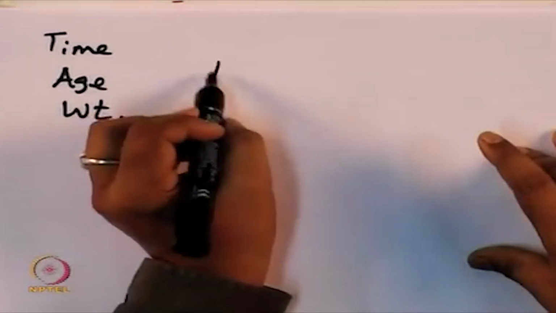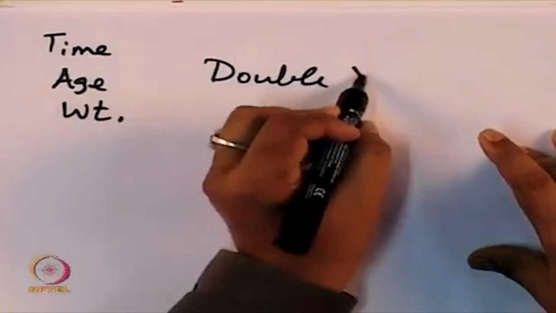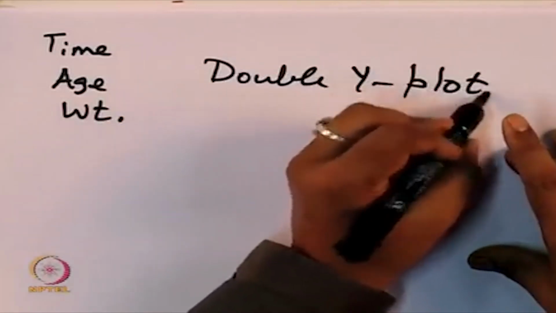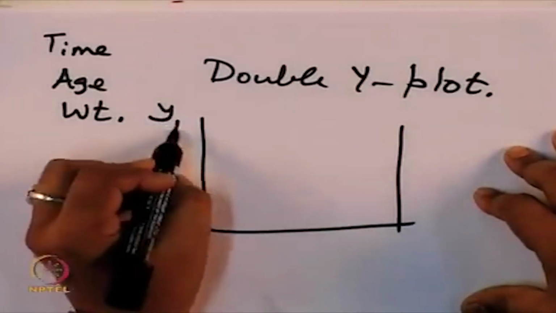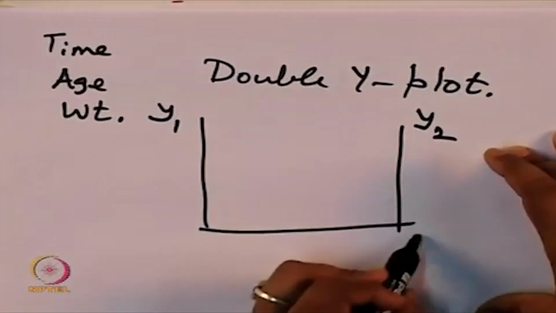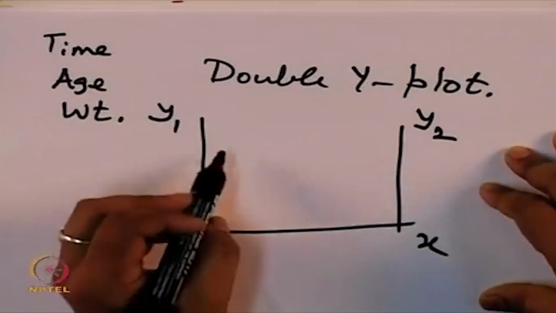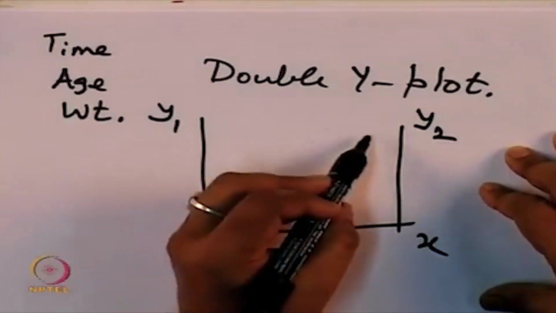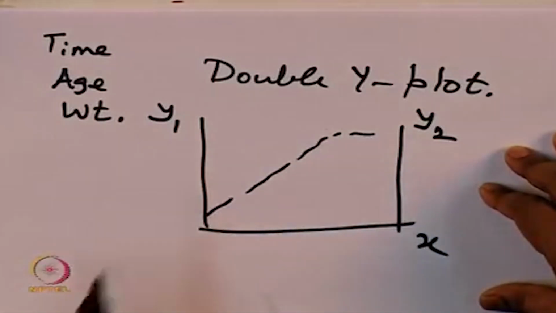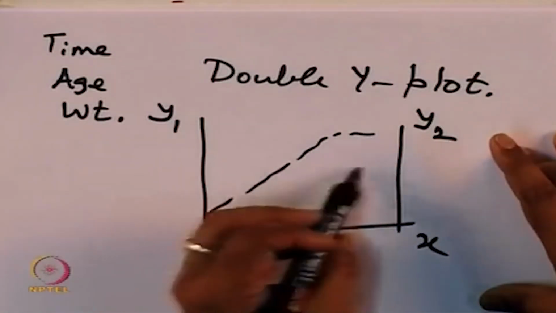This is where you can make use of what is called a double y plot. So, you can have 2 axes. You can label this as the y1 axis, this as the y2 axis, and this is x, and you can plot them, let us say weight with time might saturate, and age with time has a linear relationship.